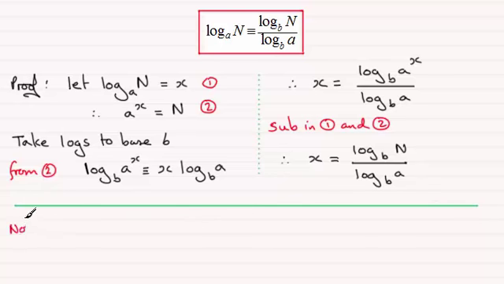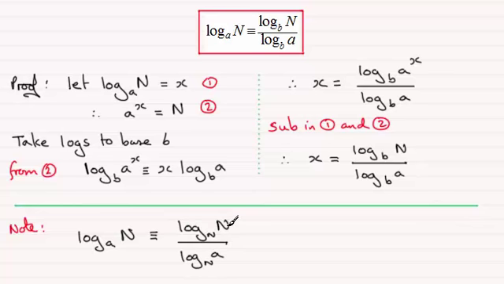Let's just put a note here. If we take this result up here, but only this time when we've got the log of n in base a, let's suppose we change it to base n. Then by the result we're going to have the log of n in base n divided by the log of a in base n.